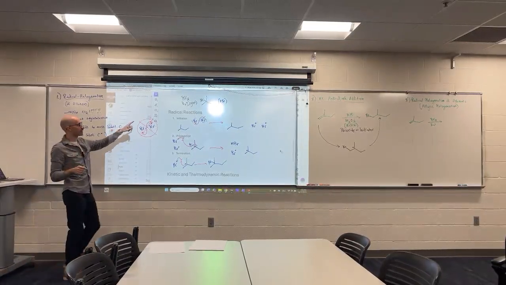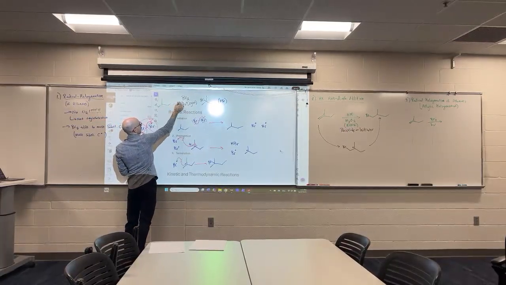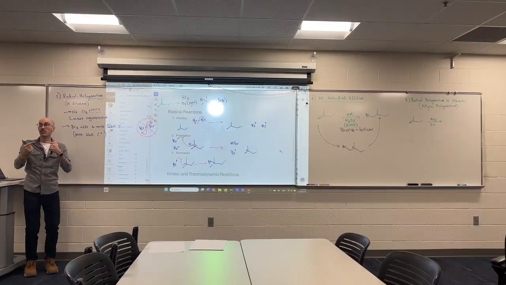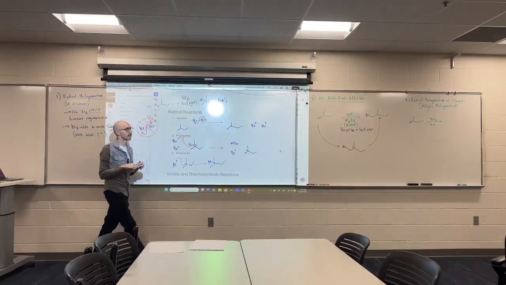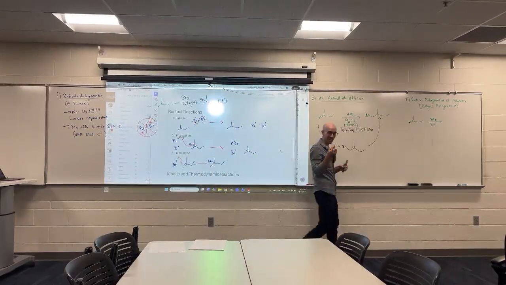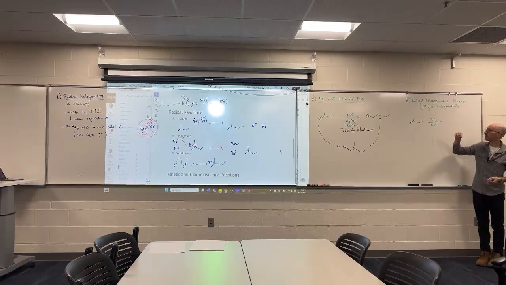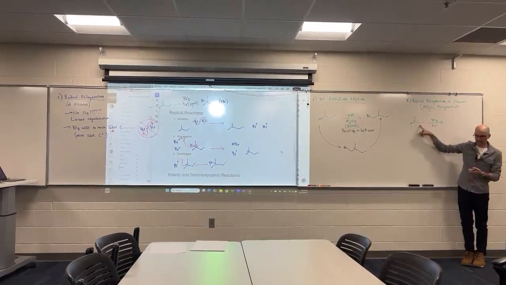So just like last time, where I expect to place the halogen on the most substituted position, substituting the hydrogen at that position, here I'm going to substitute the hydrogen at the most substituted allylic position. Here's a primary allylic. Here's a secondary allylic.